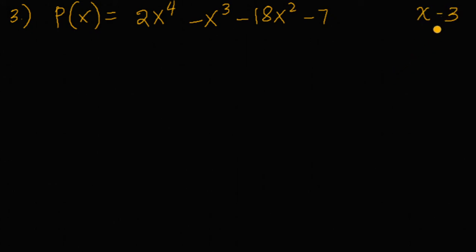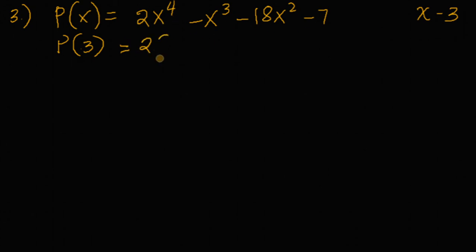We're going to determine if x minus 3 is a factor of the given polynomial. So to prove or to determine whether it is a factor or not, we have to find p of 3, right? Because our c is 3. Then replace all the x's here by 3.